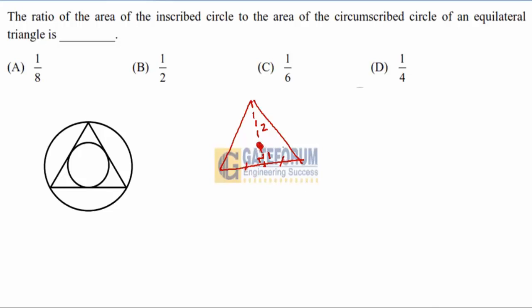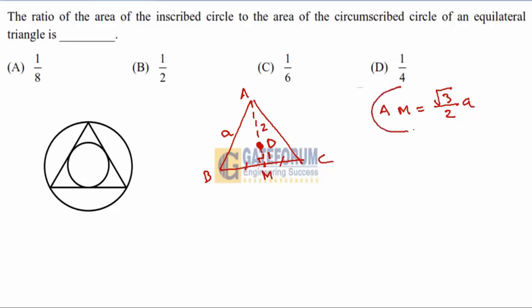We must all be knowing that. We must also know that if the side of the equilateral triangle is A, then suppose the triangle is ABC and this median be say AM and this centroid be say D, then we all know that AM is equal to root 3 by 2 A. By Pythagoras theorem it can be obtained.